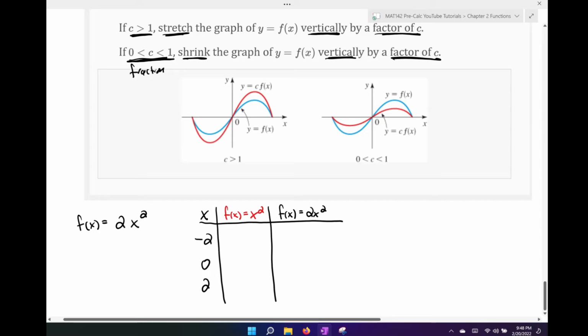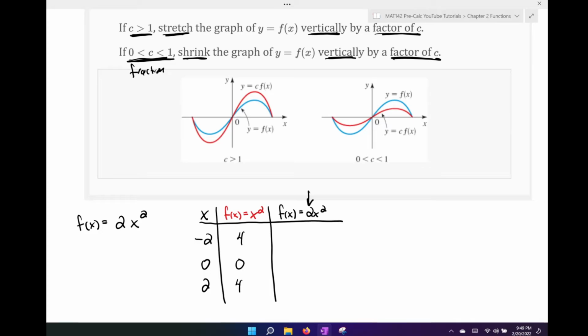Now, for the parent function, the quantity, -2 to the second, is going to be 4. 0 to the second is 0. 2 to the second is 4 as well. Now, notice here, we're going to be stretching this vertically, okay? Which means as x goes left to right, our y values are going to get bigger, faster by a factor of 2.